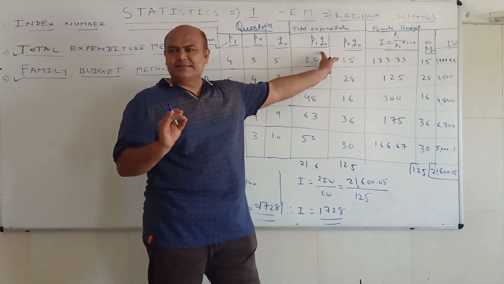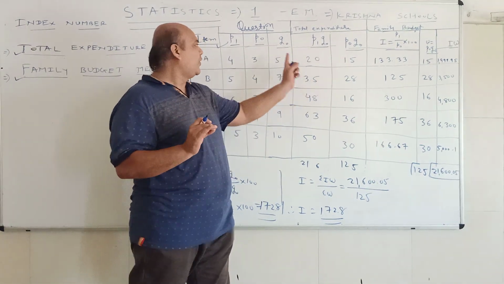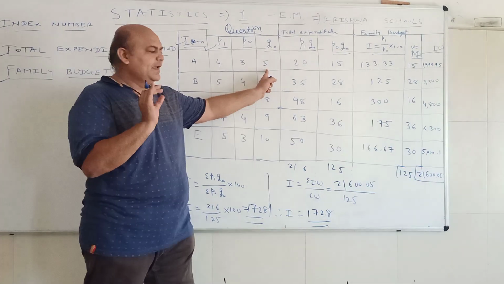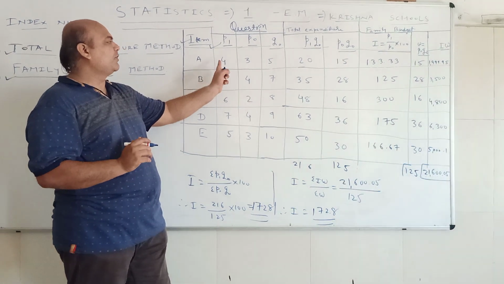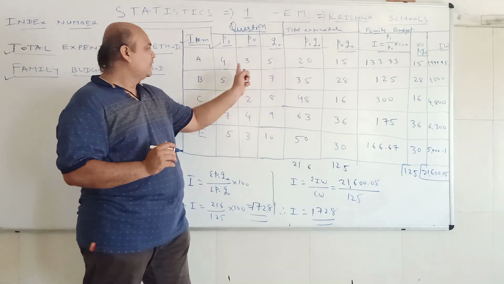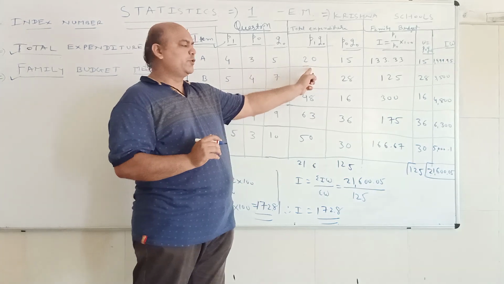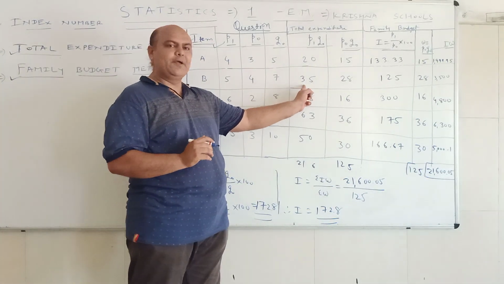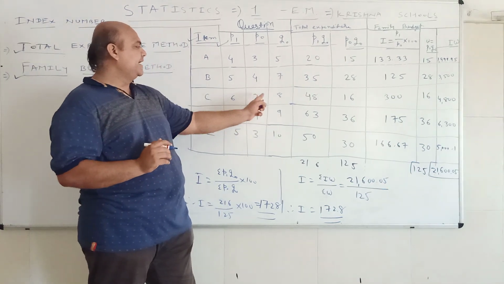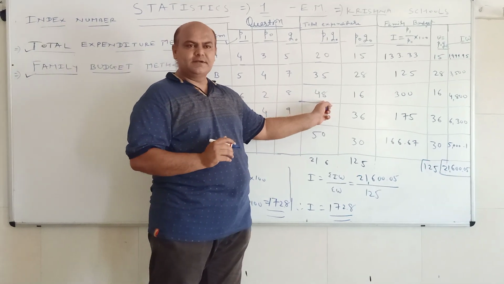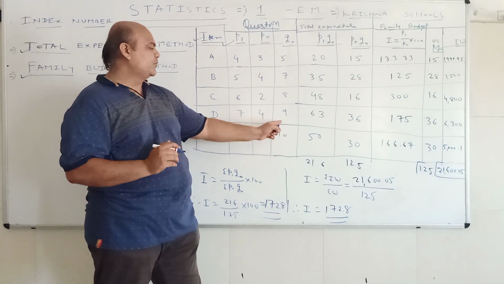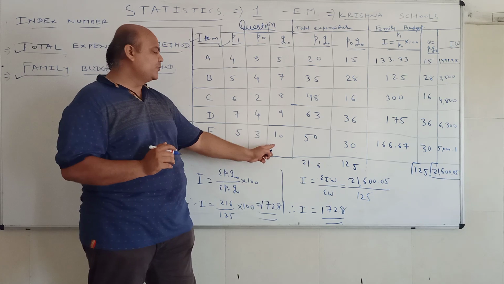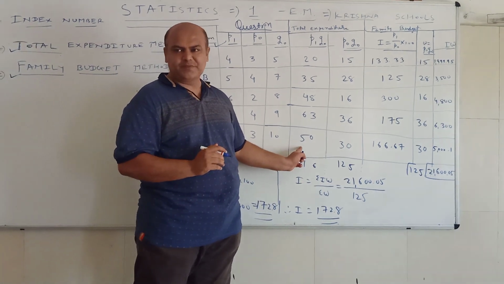P1 Q0 means multiplication of P1 with Q0. Here 4 into 5, 20. 5 into 7, 35. 6 into 8, 48. 7 into 9, 63. And 5 into 10, 50.